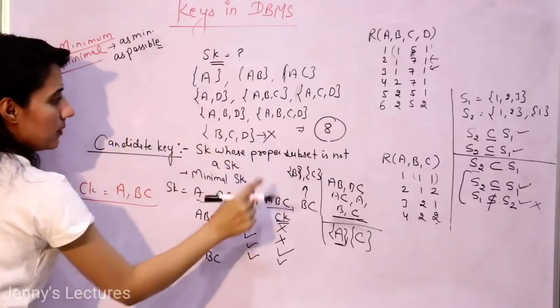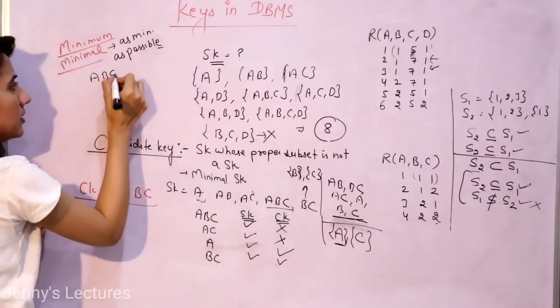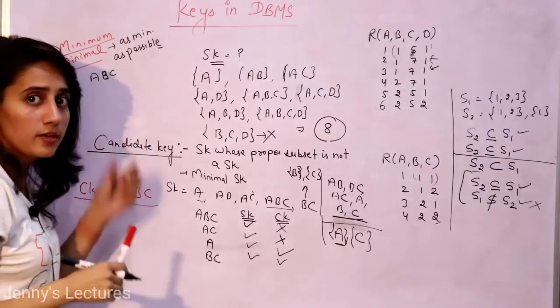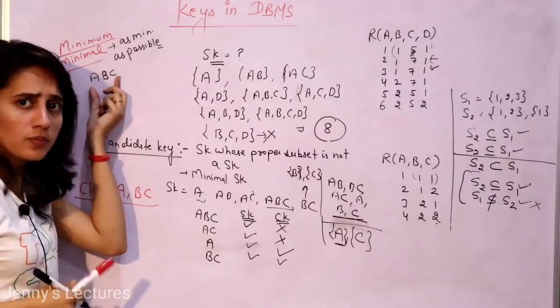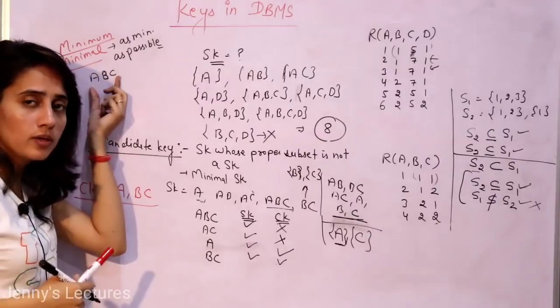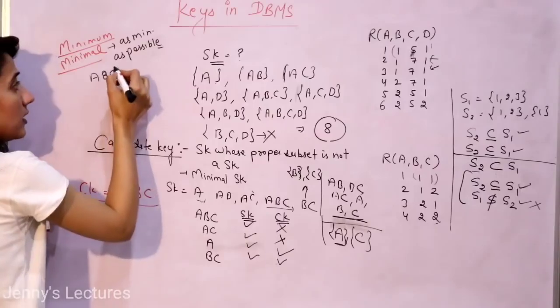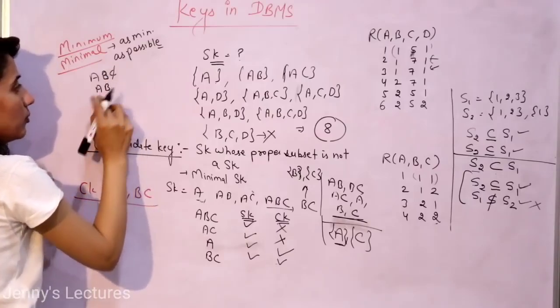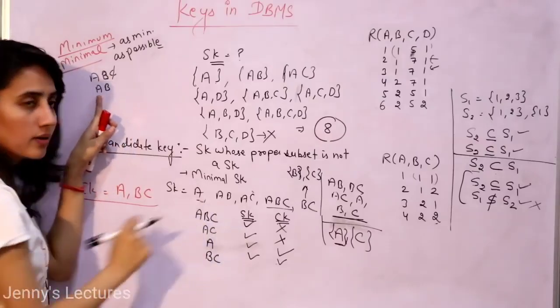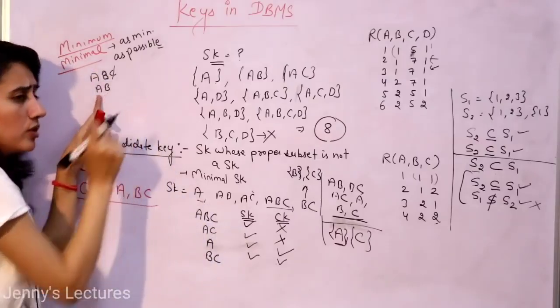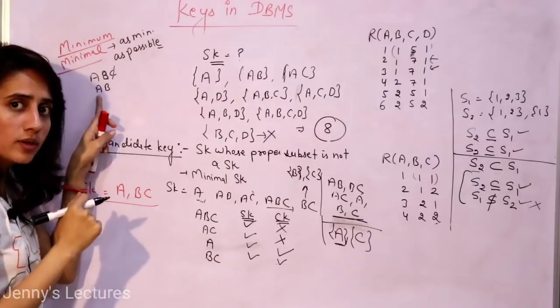Let us take one example. I am taking ABC. This is a super key, right? Complete super key. Now can I discard one or two attributes from this key and still have a super key? Yes, that is true. I can discard C and take AB. AB is still a super key, right? Again, can you discard any attribute from AB?